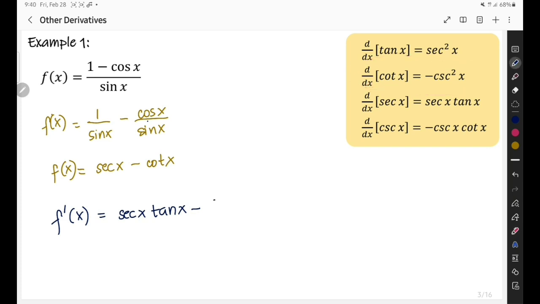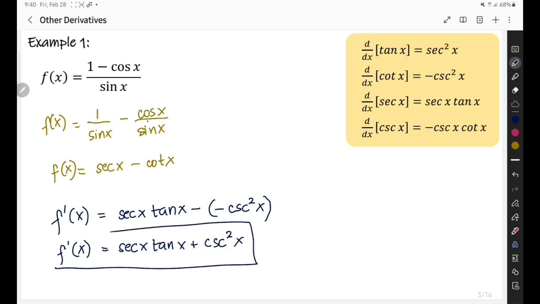So minus negative cosecant squared x. And then simplifying this, we have now negative cosecant x cotangent x plus cosecant squared x. And that's it for our first example.